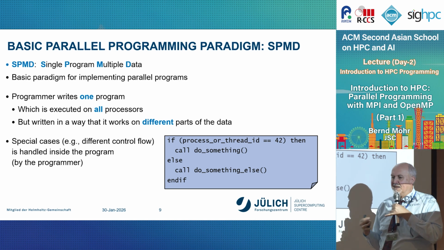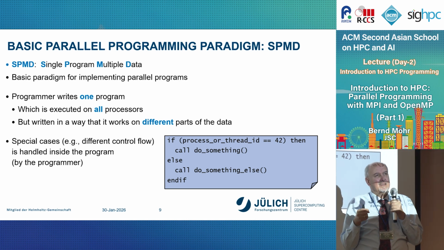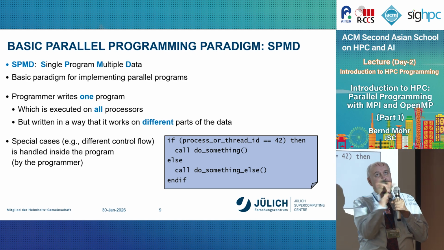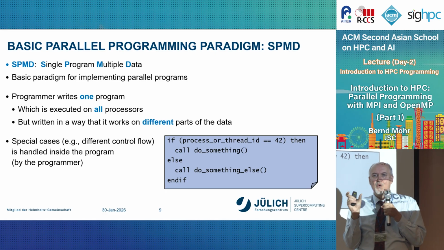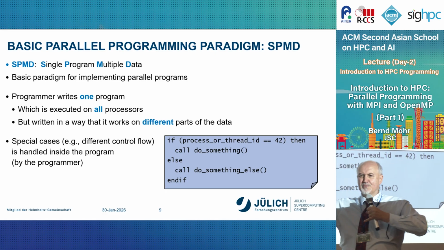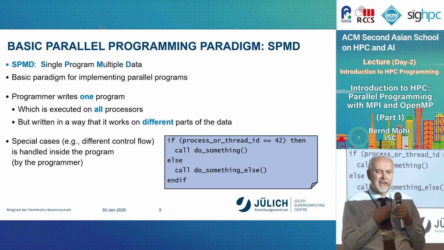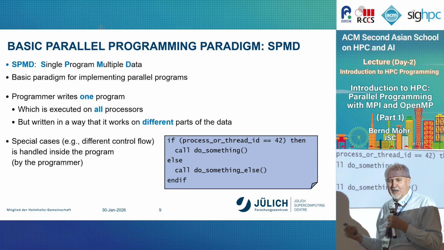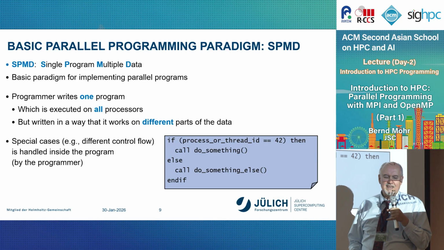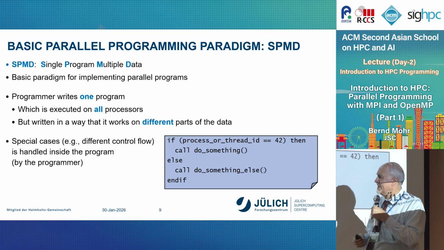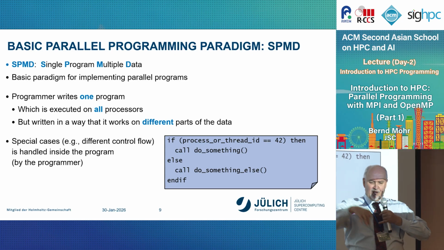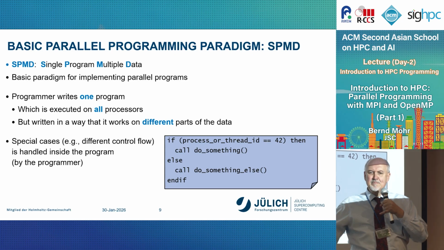And then, how do I specify what the different portions are? I need to know, if I have 10 processes, which process I am out of these 10. Everything is based on math and numbers, so each of these copies of the parallel program gets a number.